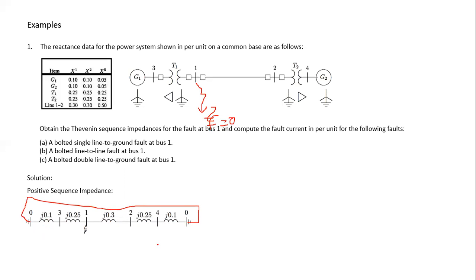These two reference points are connected together. From here, we can see that j0.1 and j0.25 are in series, and these three, j0.3, j0.25, and j0.1, are also in series. So the value of this one is 0.35, and this three is 0.65.